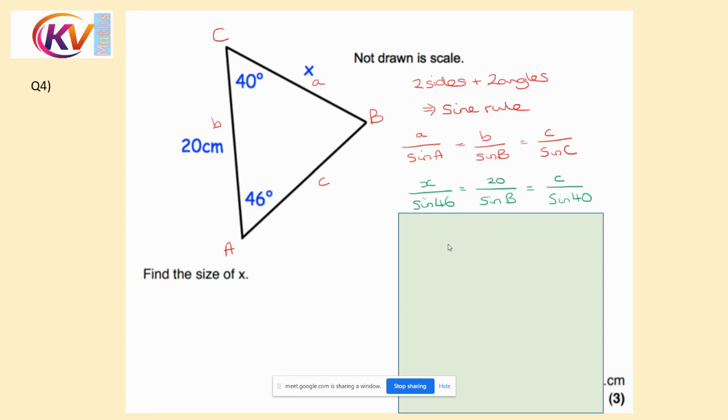Anyone spot what I can do to try and make something a bit more useful? No one spotted it. There should be something you can work out quite quickly and easily on that triangle. Last chance, anyone got it?